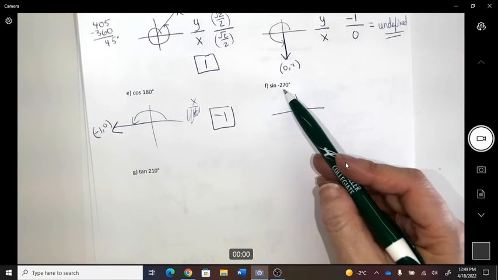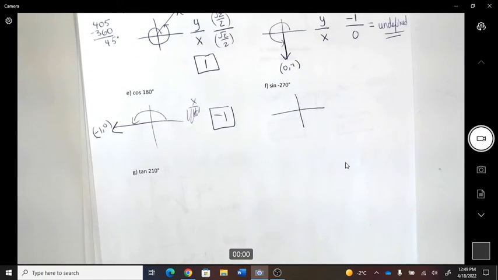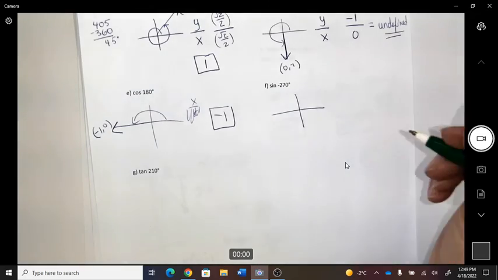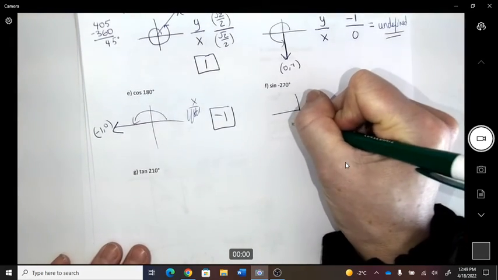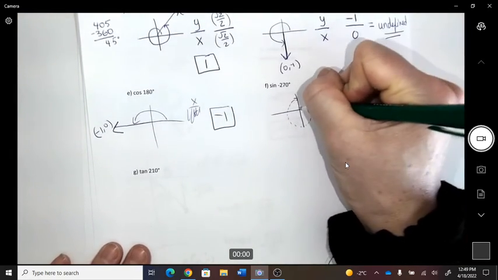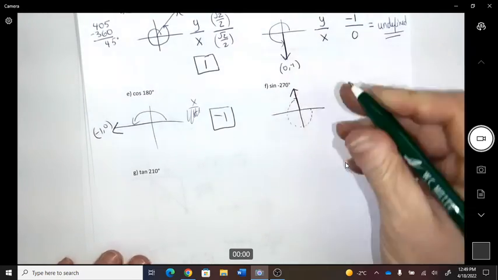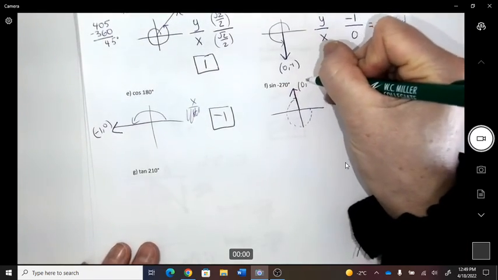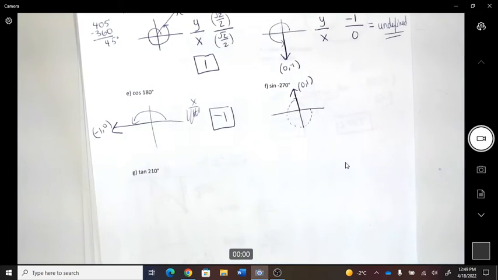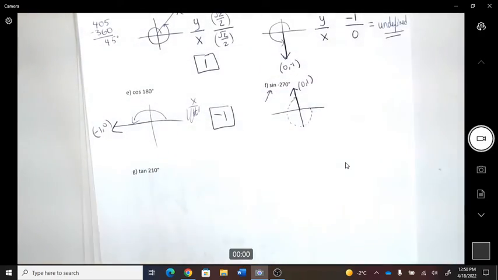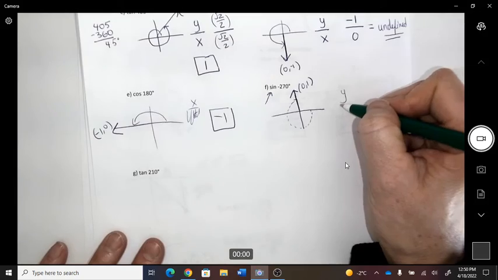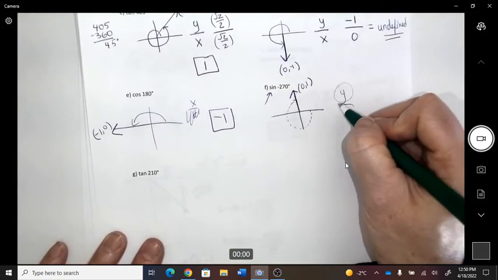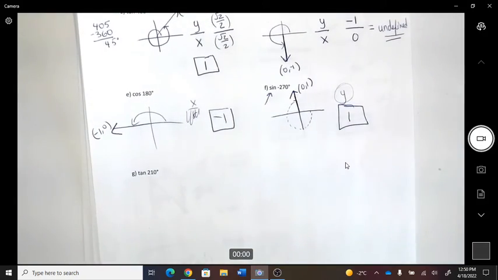Okay, negative 270. Where are you? Where are you landing? Backwards, backwards. Did you figure out that you landed up at the top? Does that make sense? And sine. So what does sine tell me to find? The y. So my answer is 1.